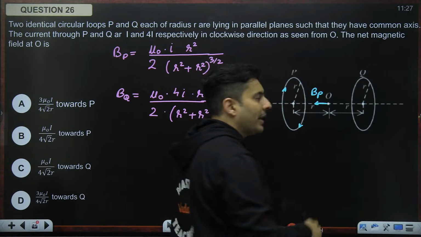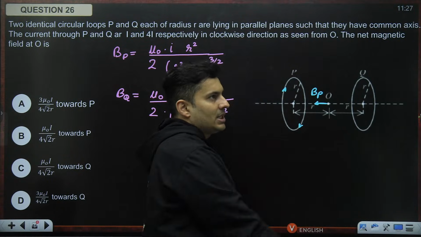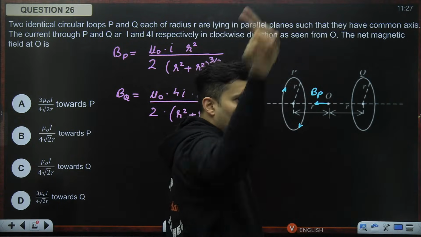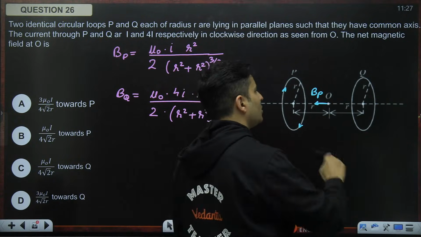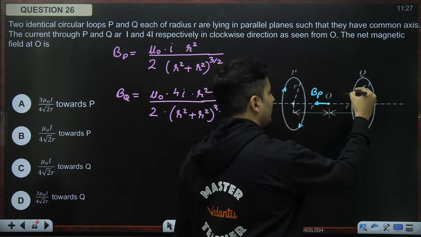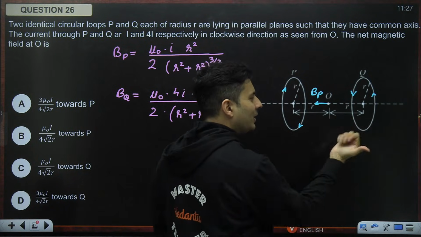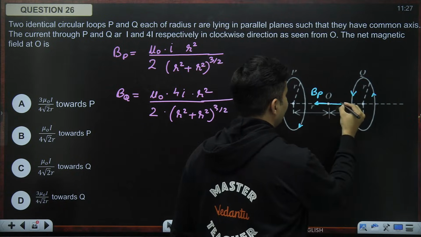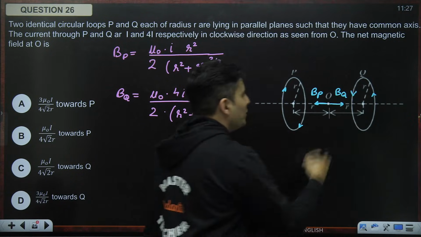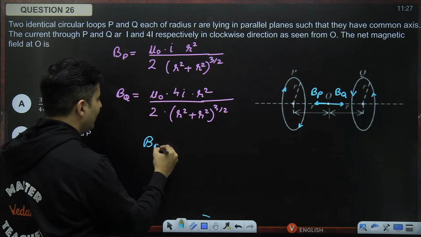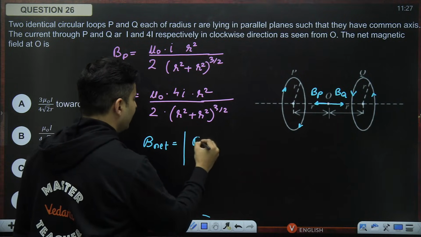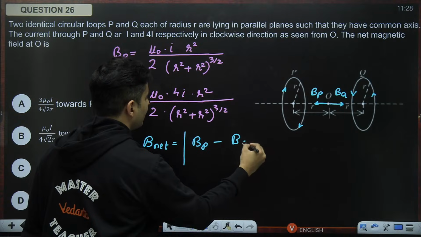From point O, if you look at Q, clockwise current, it should go like this. And if you curl your fingers, you will realize the magnetic field is actually this side. So when you calculate the net magnetic field, basically it is BP minus BQ.